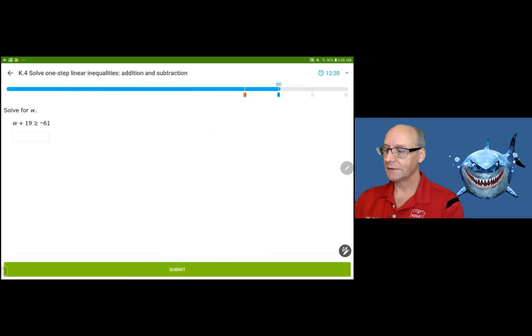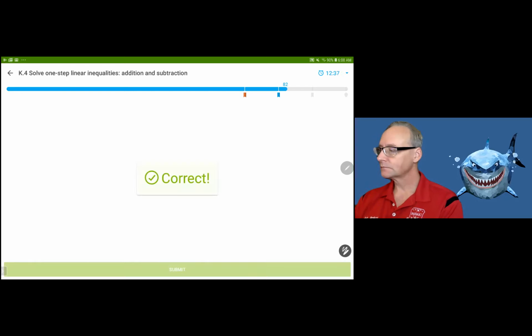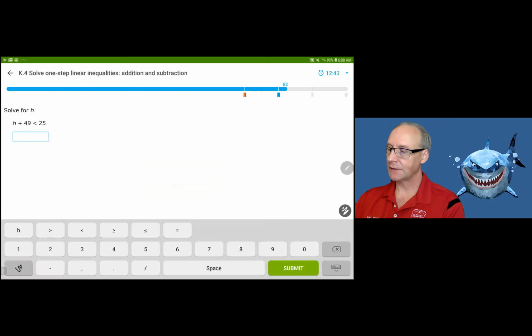And in this one, we get w is greater than or equal to, looks like we're going to have a negative 80, huh? Because I'm subtracting 19 from negative 61. And in this one, we're going to subtract 49 and get negative 24.